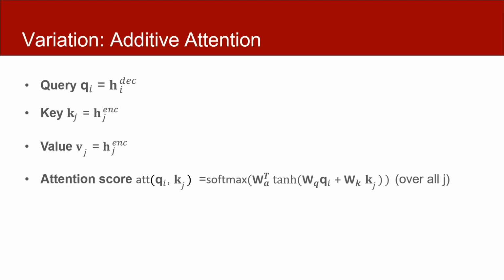And then we have the additive attention, in which the query and the key are multiplied by their own weight matrices and added together, and then run through a nonlinearity and then multiplied by another set of weights. And then we do the softmax over all of the input time steps.